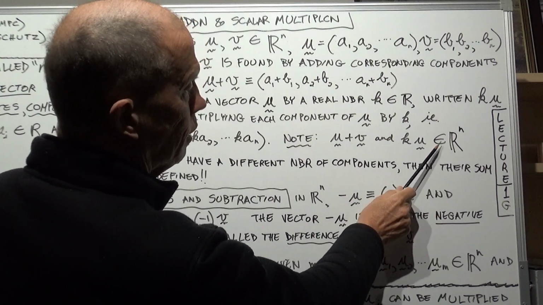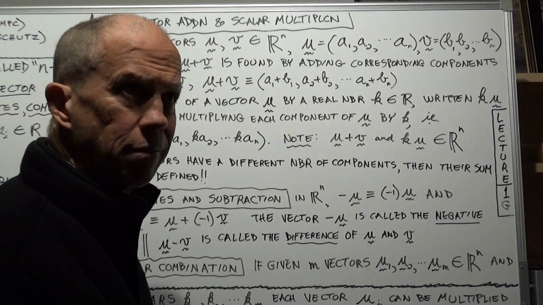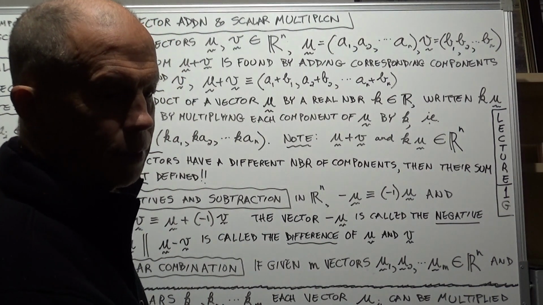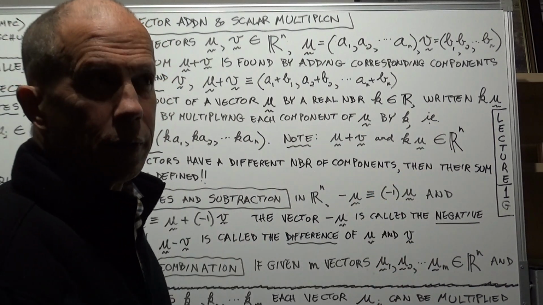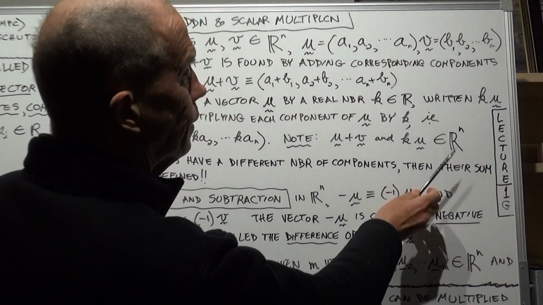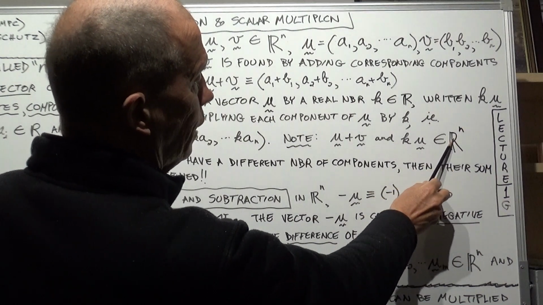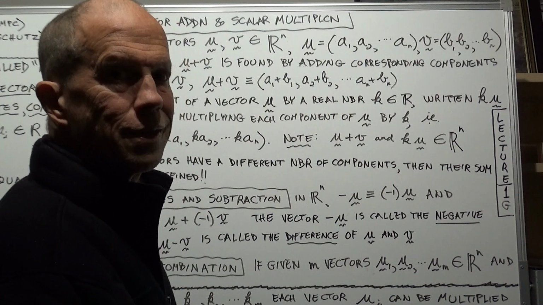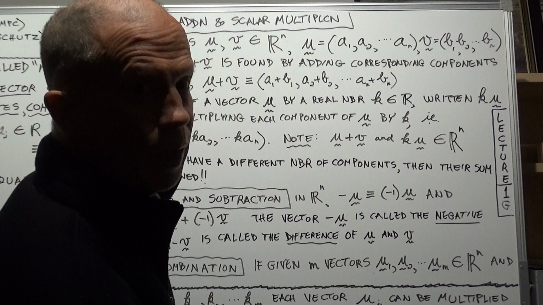This symbol, if you've not seen it before, looks like a little epsilon, the fifth letter of the Greek alphabet: alpha, beta, gamma, delta, epsilon. It means belongs to. So this vector belongs to the set R to the n, n-space if you like, the set of all possible n-dimensional real vectors.